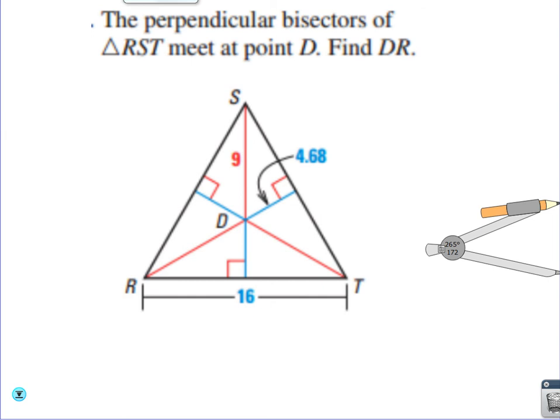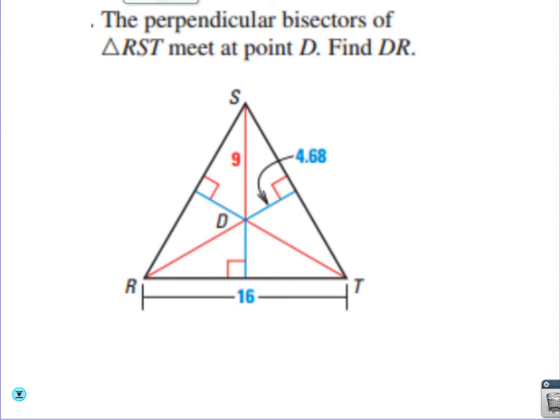Perpendicular bisectors of RST meet at point D. We're back on old stuff, aren't we? Perpendicular bisectors, I don't know if we're trying to throw both of them in together now. But just keep in mind, anytime perpendicular bisectors cross, you found the circumcenter.